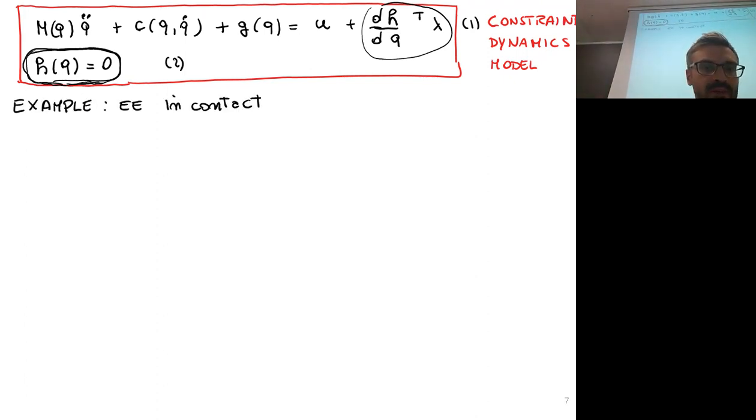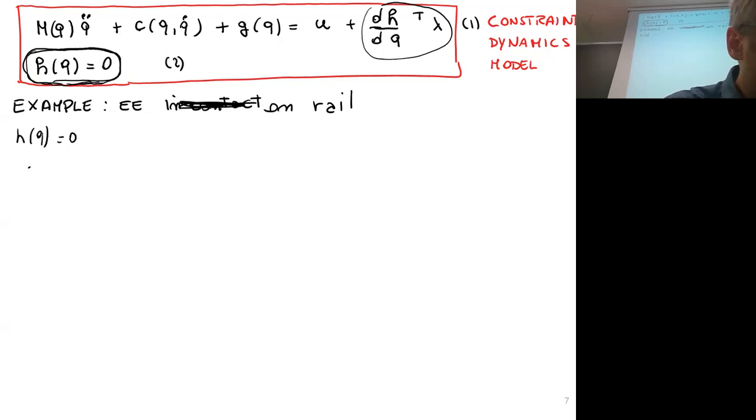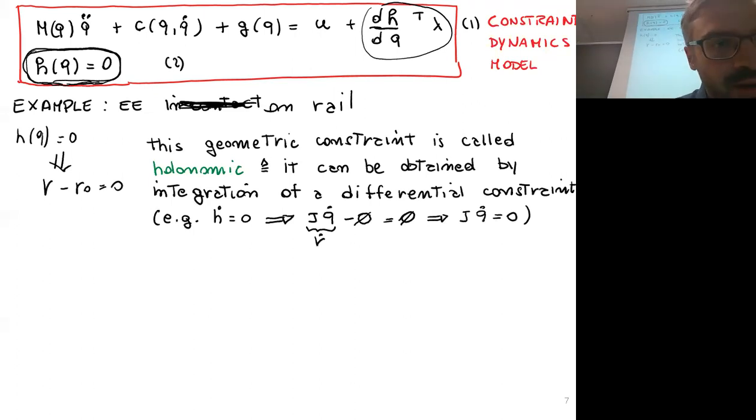Now for our example, the robot is in contact on the rail, because it is a bilateral contact, we have h of q equal to 0, and this geometric constraint h of q equal to 0 is called a holonomic constraint.